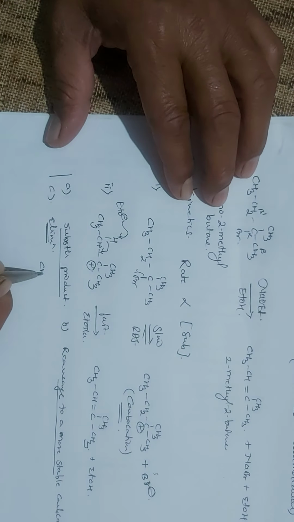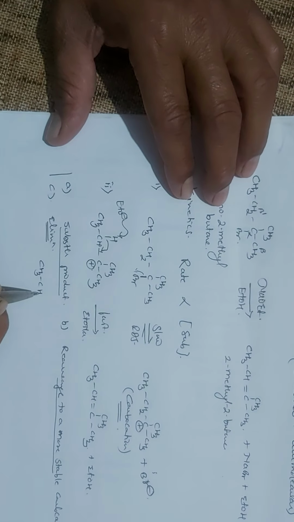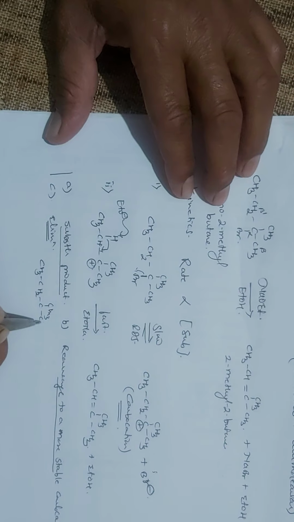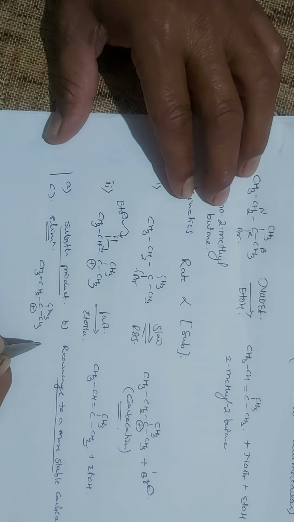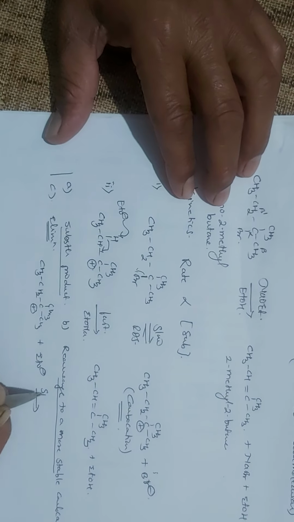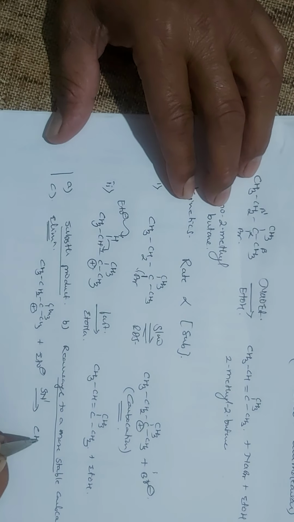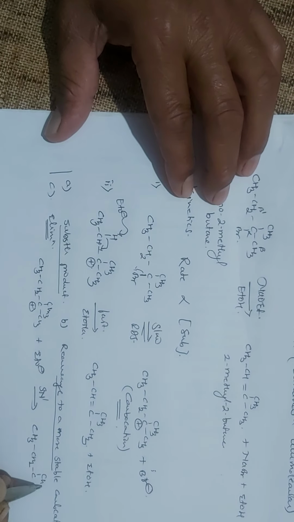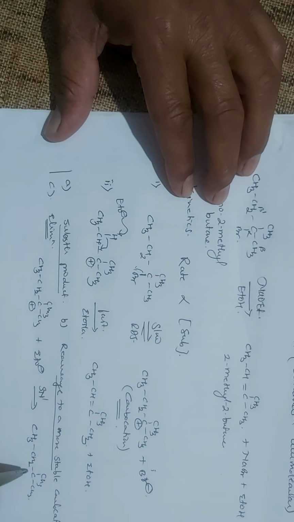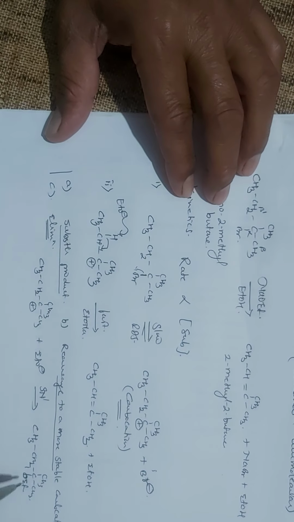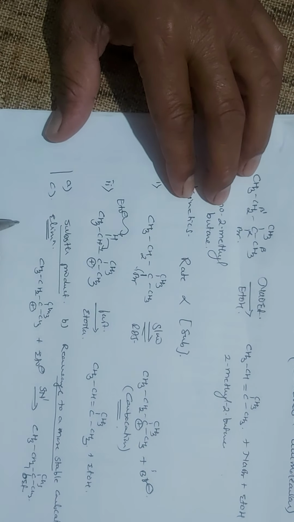See here, CH3CH2, CH3 CH3, this is the carbocation. If the EtO minus acts as a nucleophile, it will give the SN1 reaction, and you will get the product CH3CH2C(CH3)2OEt, the substitution product.